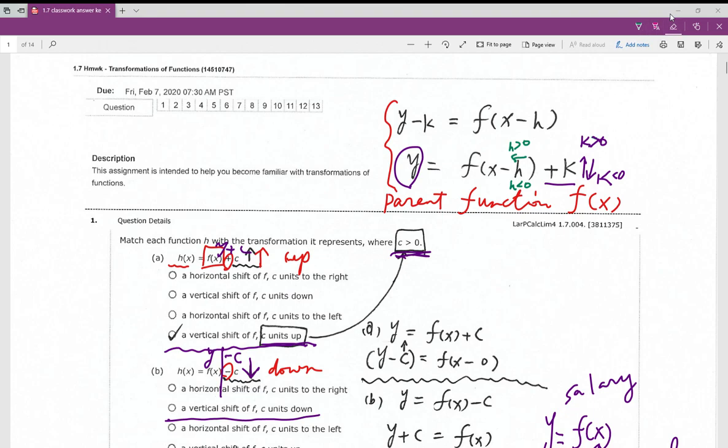So it means if h is less than 0, then your x needs to be greater, right?